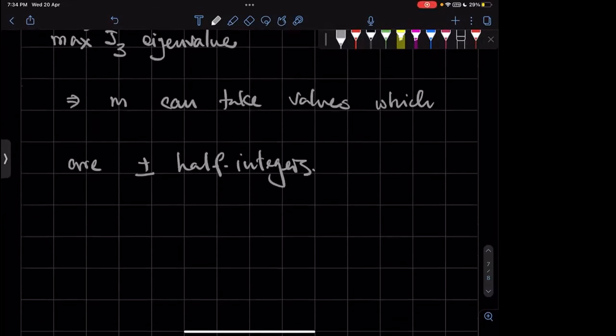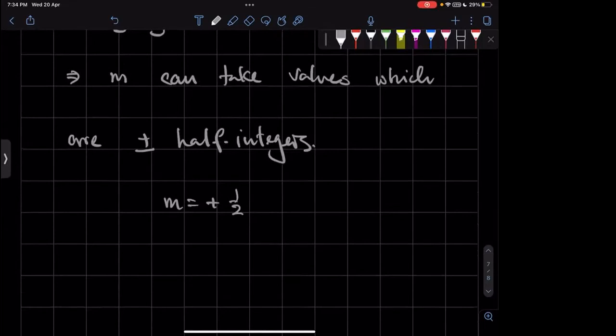So for example, if you start with a highest M eigenvalue, say plus half, if you apply the lowering operator, you should get minus half, right? Okay, so we will find out what is the lowest eigenvalue as well.